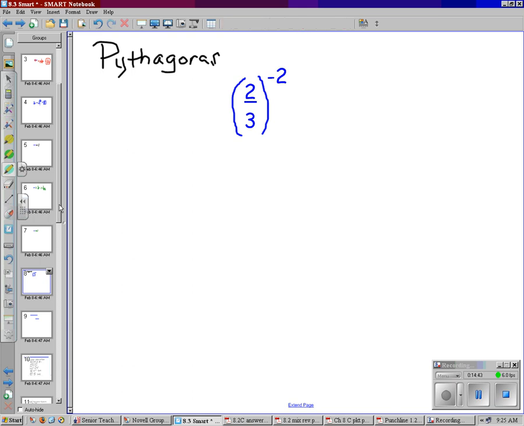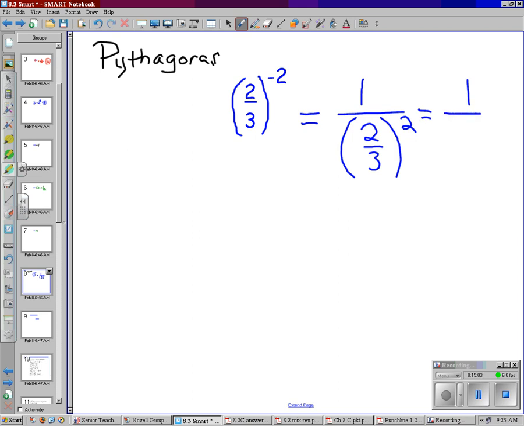Technically, we should move what is in the base to the other side of the fraction bar, right? And write its exponent with a positive exponent, right? Technically, that's what we're supposed to do. And thus, that gives me 2 to the second power, class, is 4. 3 to the second power is 9. How do we divide fractions?